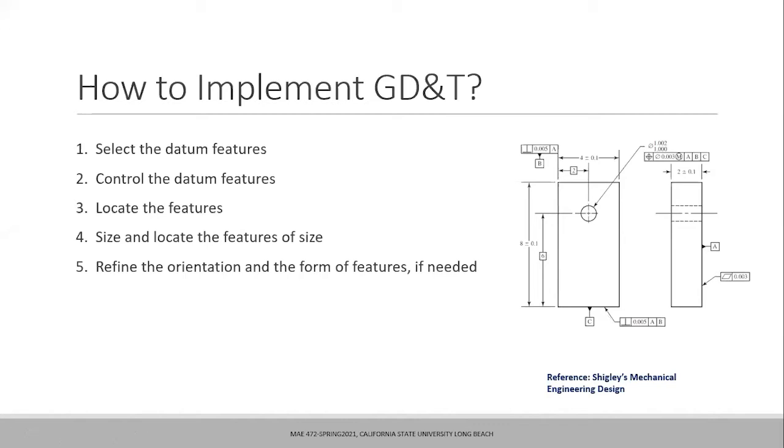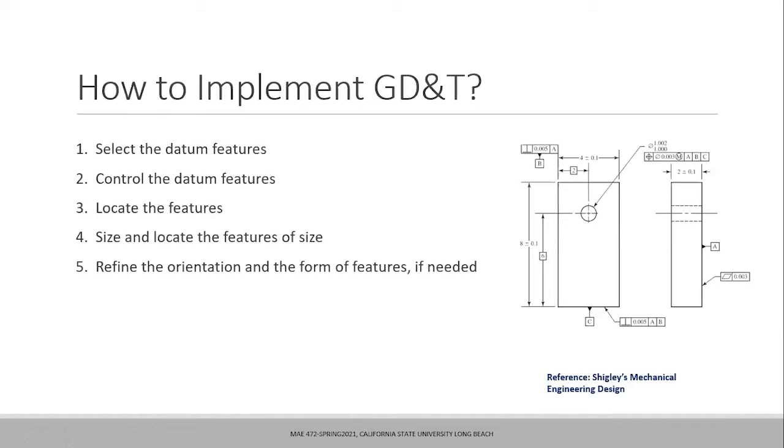Yes. Now, this is what we are calling a datum, but this is not actually a datum. This is actually a datum feature because it is representing the surface of an actual part. So when I represent this back surface of this part, that is a datum feature, which is obviously not going to be ideal. It will have some roughness and some contours and edges and so on. So that is called datum feature.